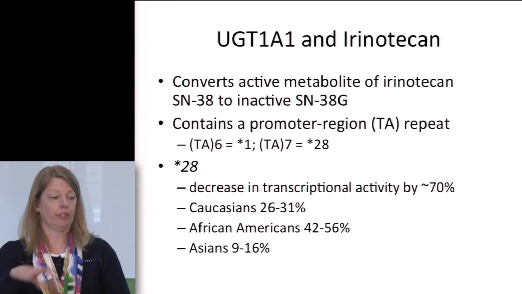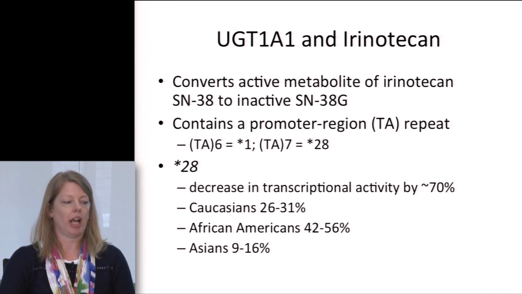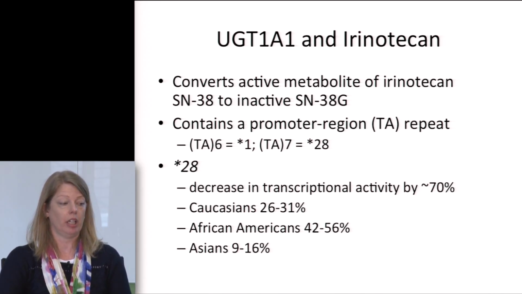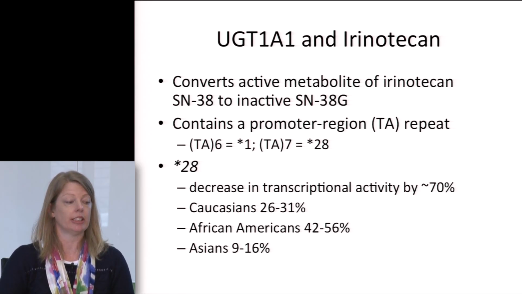In different populations, this variant is found in different frequencies. You can see the highest frequency is in the African descent population, and probably the lowest frequency in Asians. But you can see that it's still pretty significant.